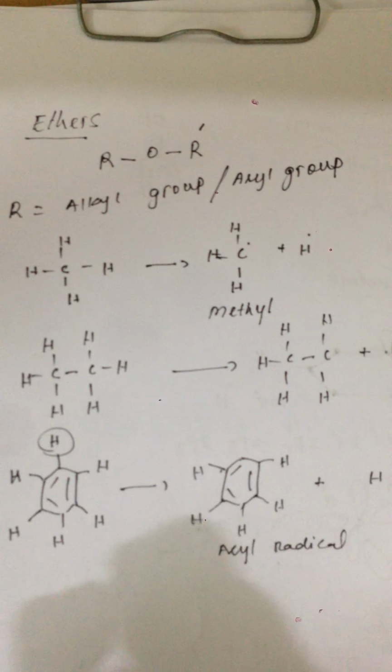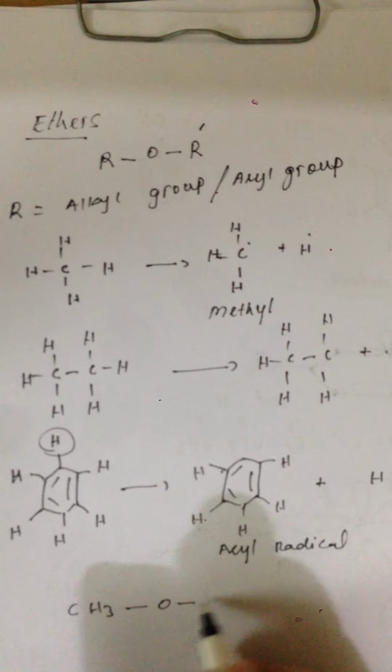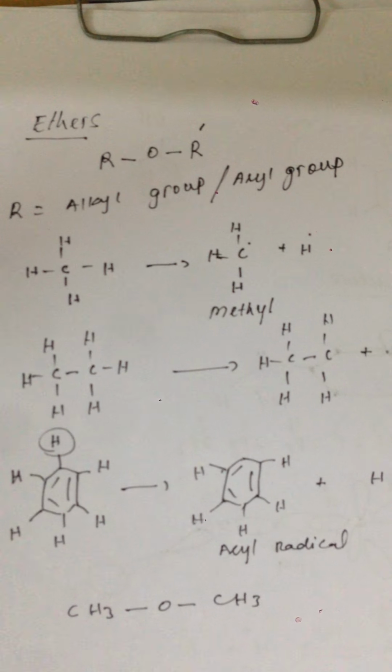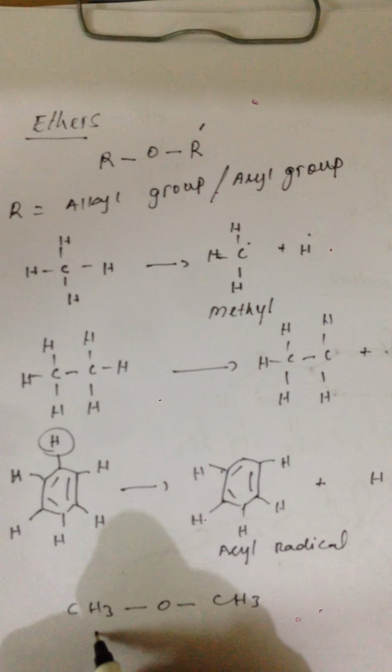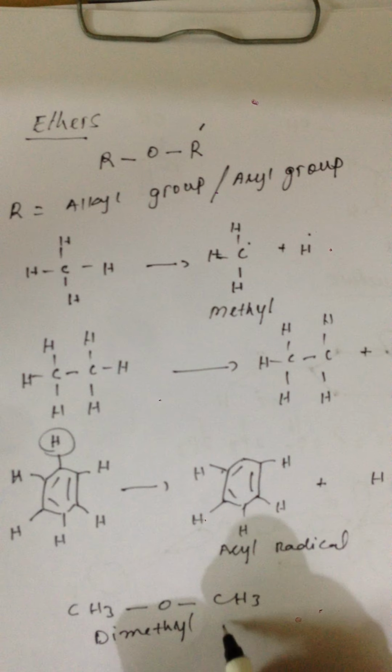For example, you can have CH3OCH3. The name of this compound is dimethyl ether.